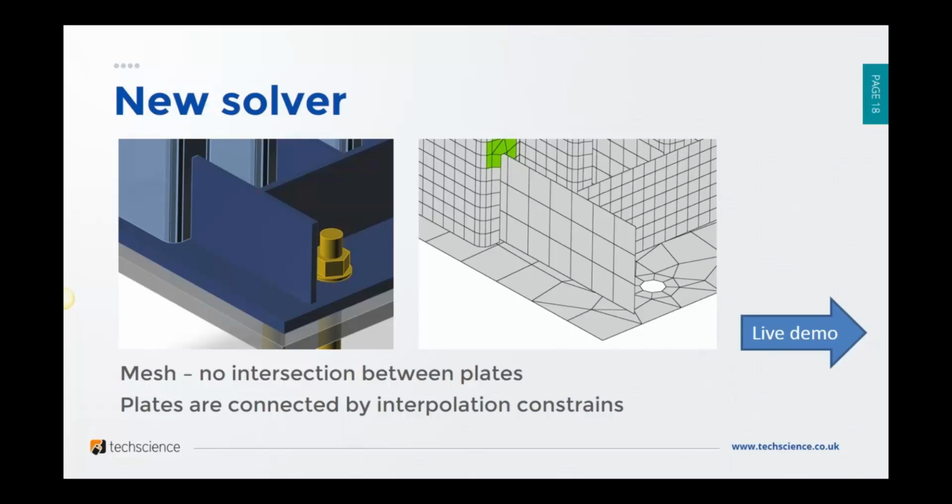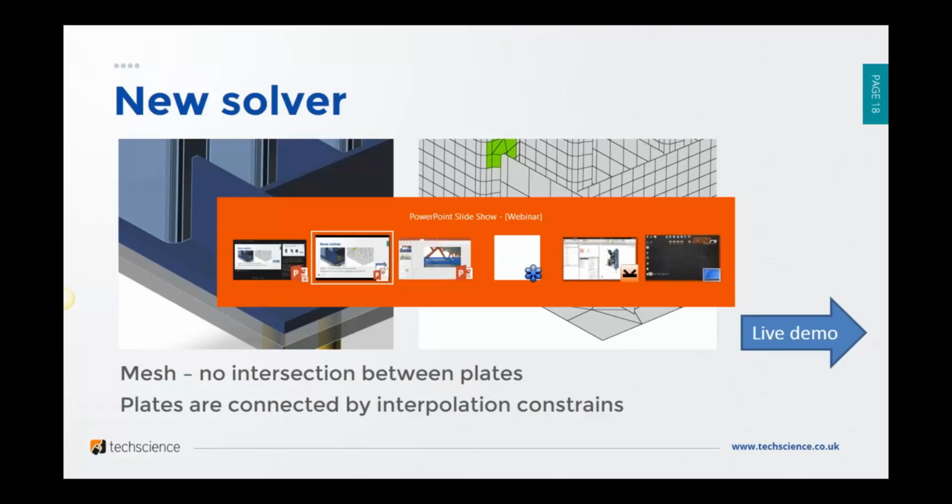This way we can connect members properly, so we do not increase the number of mesh elements, and we keep the mesh as simple as possible. And of course the advantage is that we have exact forces in all the welds and the bolts, so we are able to check afterwards individually all the bolts and the welds. At this point I would like to give you a short demonstration of this feature.